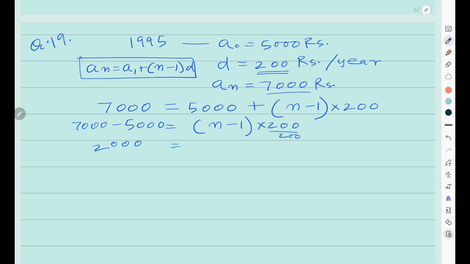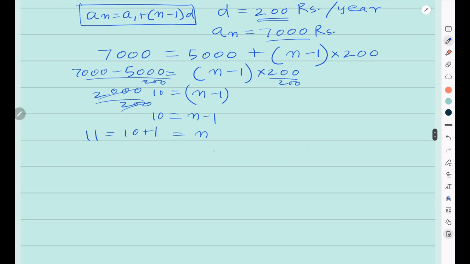So just cancel 200 and 200 here. Then this will become n minus 1 and this will be 10. So 10 is equal to n minus 1. So n will be 10 plus 1, which is 11. So you have to write down nicely that after 11 years, his salary will become 7,000 rupees from 5,000 rupees.